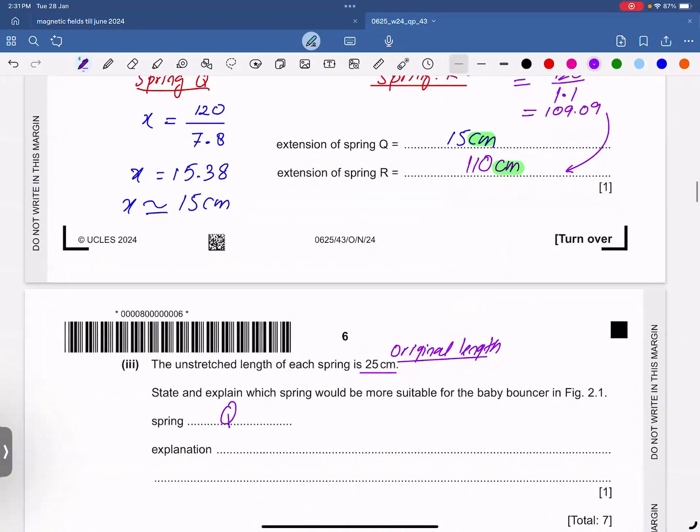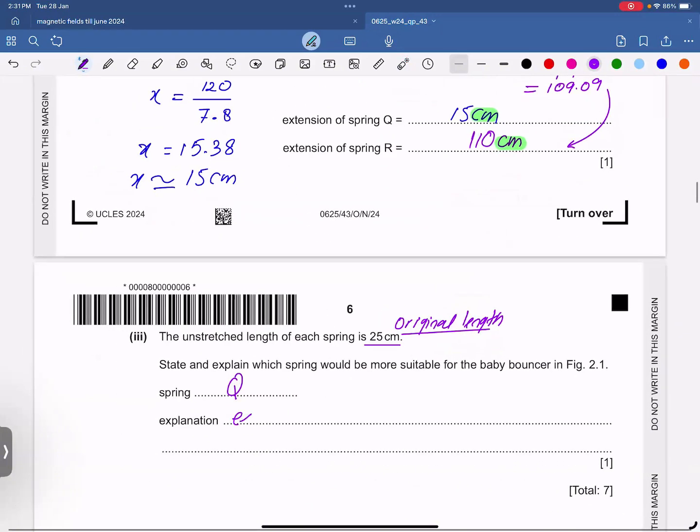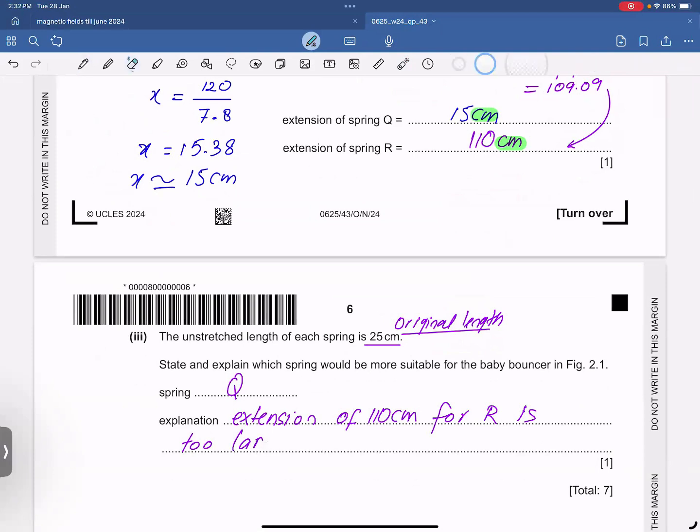Q. The reason is that the extension of 110 centimeter for R is too large for bounces in the given space.